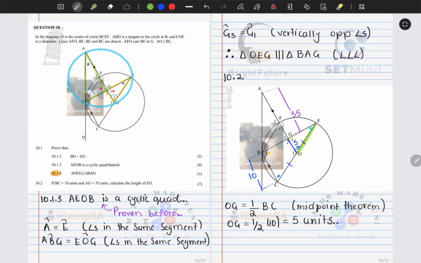If you look at the fact that we have triangle, let's use this one, you'll have OE divided by BA, sorry, it's going to be BA divided by BA, and this will be equal to, now you can jump and do EG, so you'll have EG divided by AG, and you'll have OG divided by, if you observe carefully, BG.